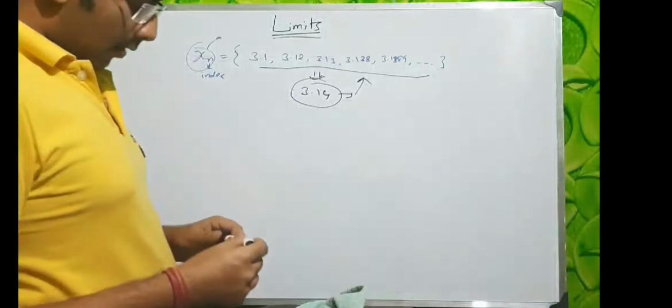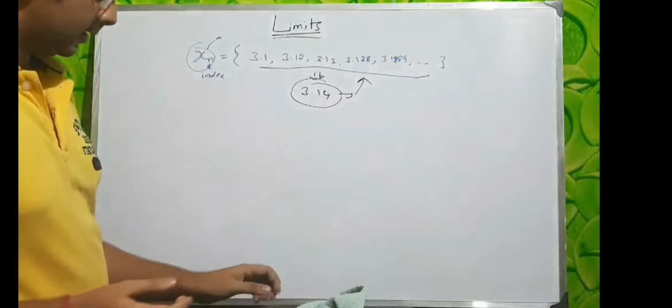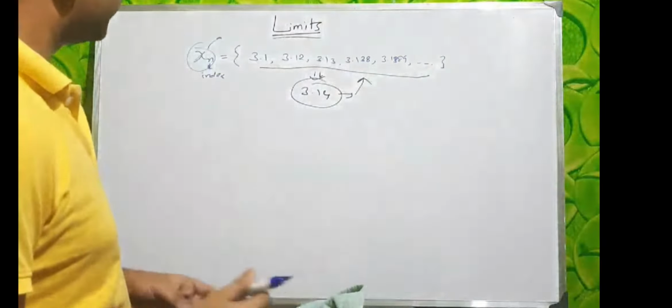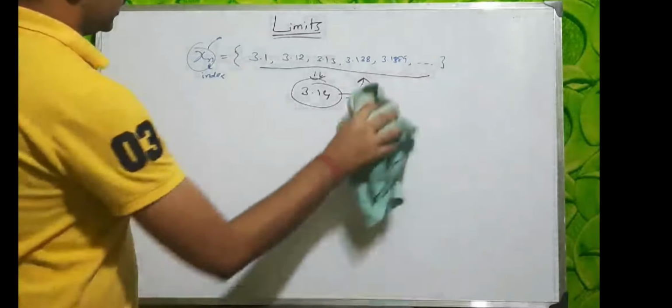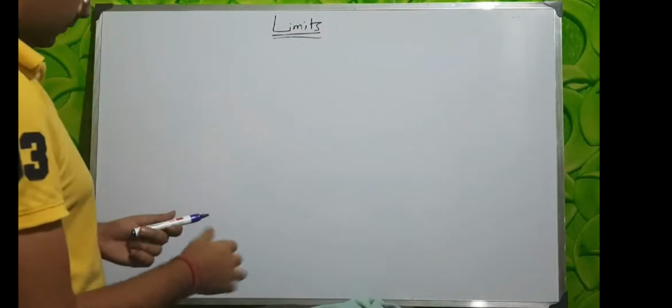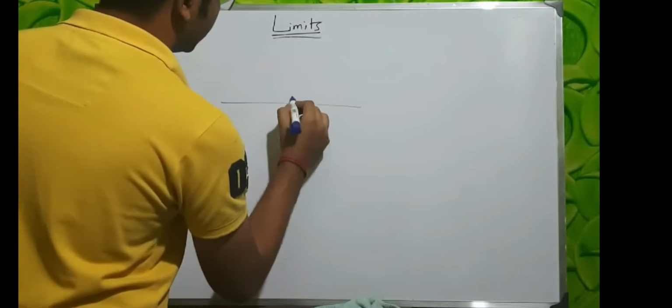So how do you get an intuition of a limit? You just see that these numbers are approaching something. Now what do we mean by approaching? Suppose we have a number line.